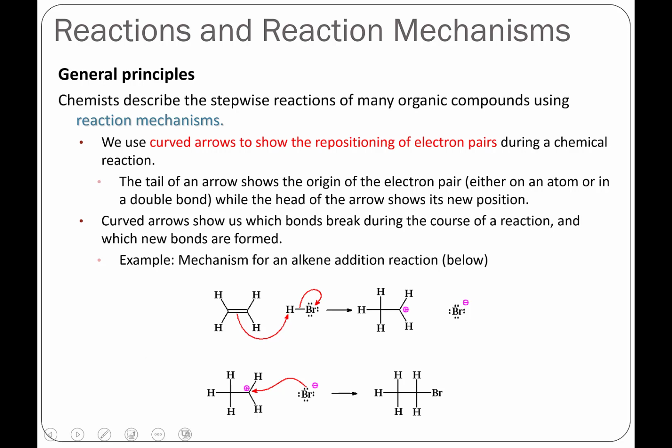Now, a quick note on mechanisms. I've done this multiple ways, and I've done this in other semesters as well, so this is not totally abnormal. In organic chemistry, one of the most challenging components, if you're really digging deep, is reaction mechanisms.